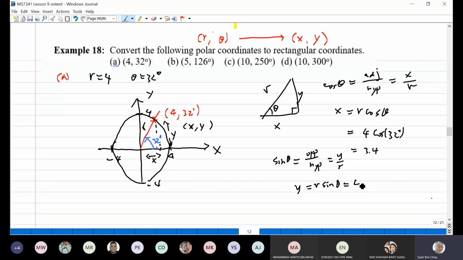So r is 4 sine 32. So 4 times sine 32. Okay, 2.1.